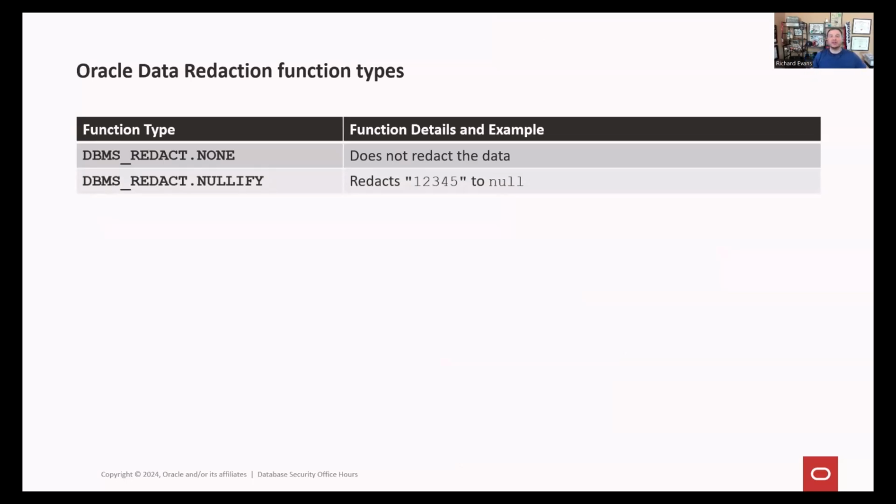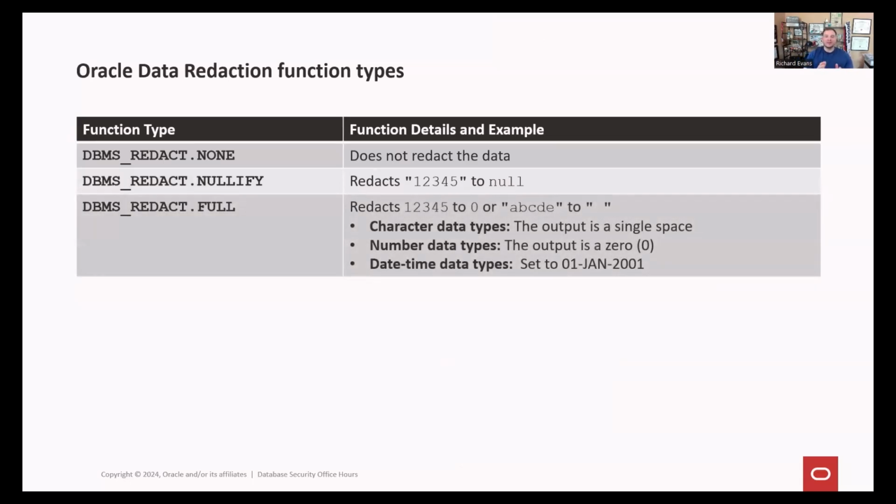The next one is nullify, right? So if we want to redact 1, 2, 3, 4, 5, it'll redact it to null. And why that matters is that by default with full data redaction, it's going to redact it to the data type that the column is, right? So if it's a number data type, it's going to redact it to 0. If it's a character or a varchar data type, it's going to redact it to a single space.